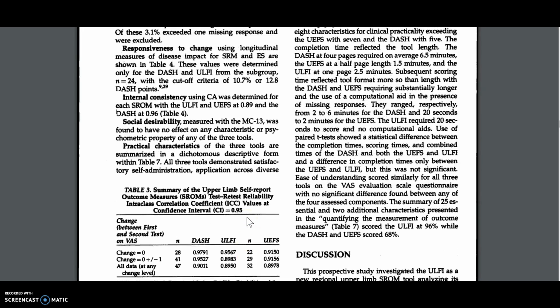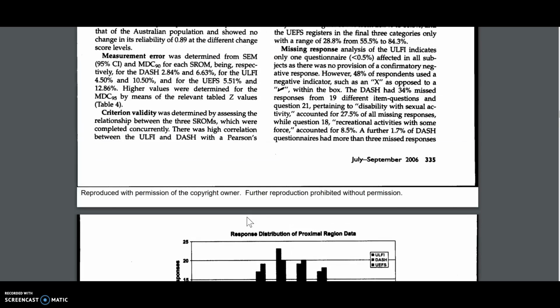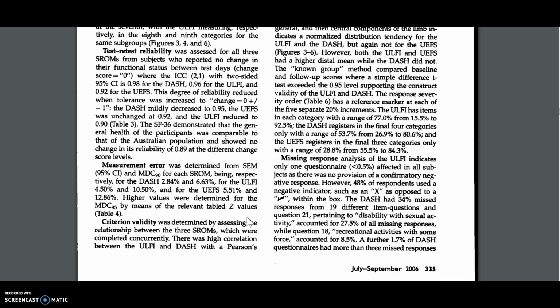Okay? Let's go up. And as they do for all areas that are being tested, like test retest reliability, here they're providing you with the measurement error that they determined as well. And again, that's based off the Z table. So for every true value, we need to know how much error is allowed before the test is considered invalid.